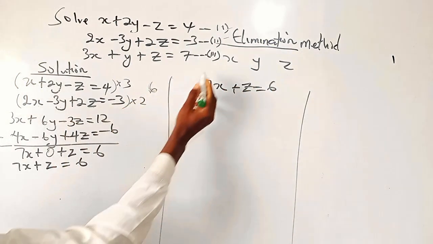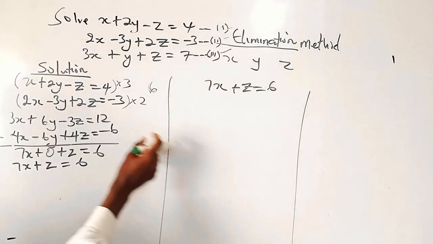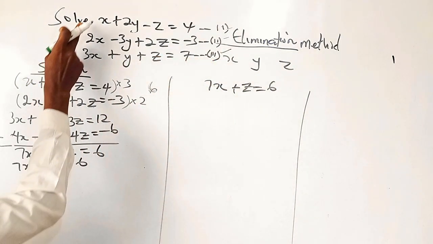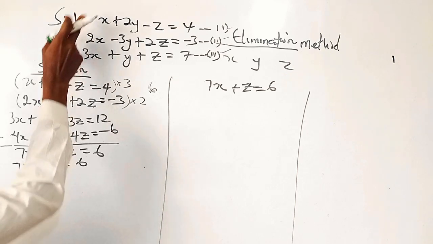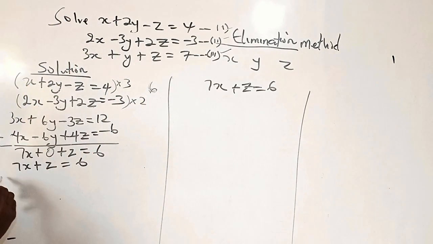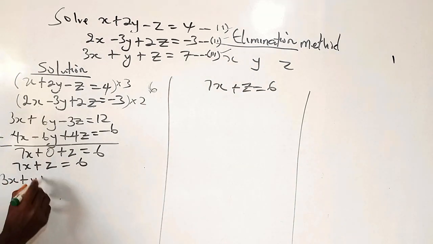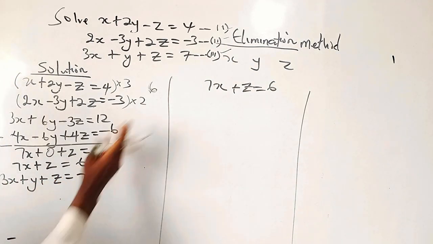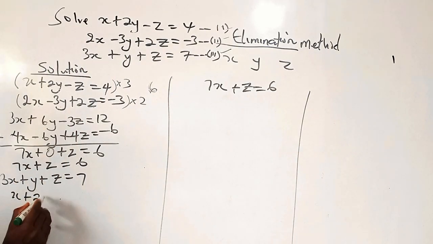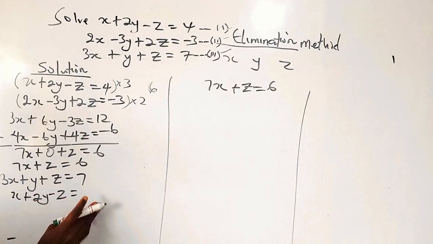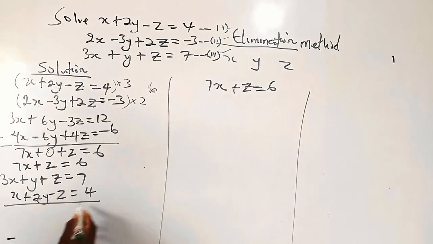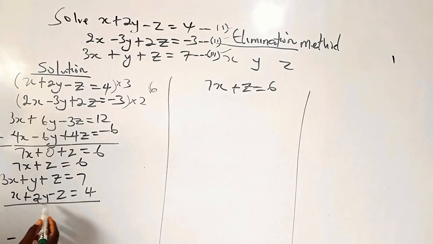The next thing is, what do we do with the third equation? We can pair this third equation with either equation 1 or equation 2, and we still have the same result. Equation 3 is 3x plus y plus z equals 7. For equation 1, I have x plus 2y minus z equals 4. So I can easily eliminate one variable.